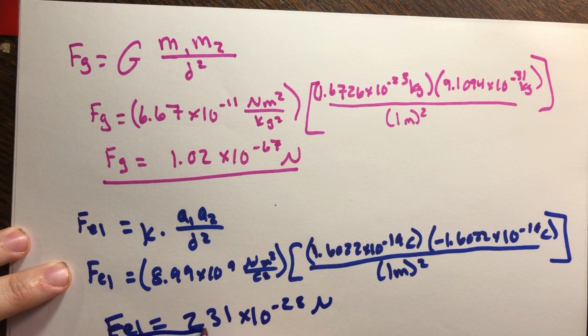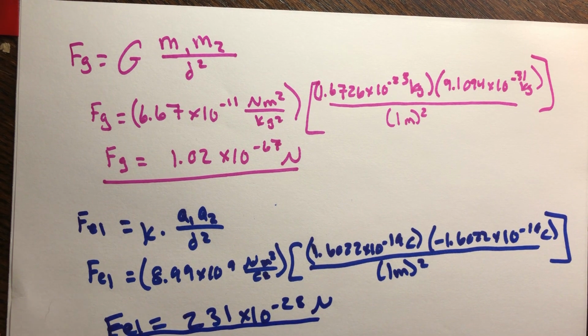Now again, that is a pretty small number as well, but if we compare them, obviously the gravitational force is much, much smaller: negative 67th power versus negative 28th power. If we want to get how many times stronger it is, we just have to divide the two.